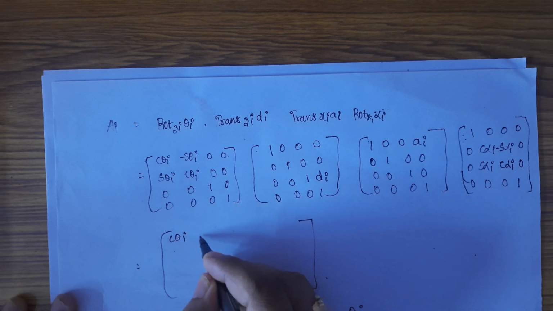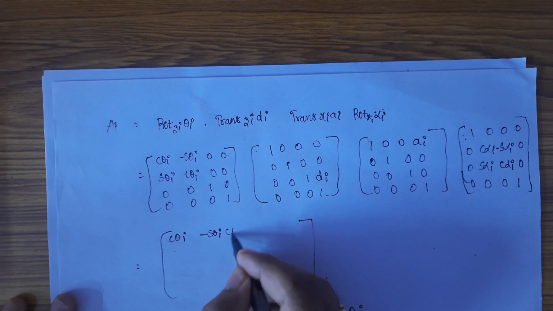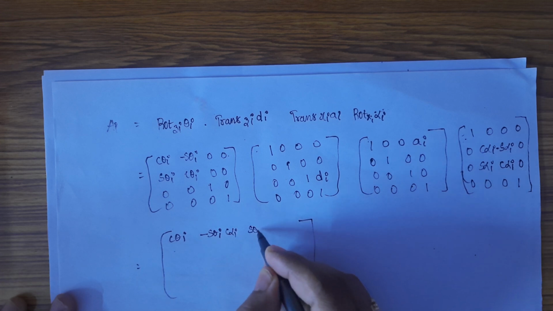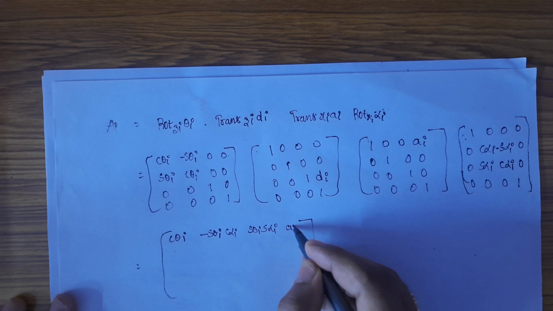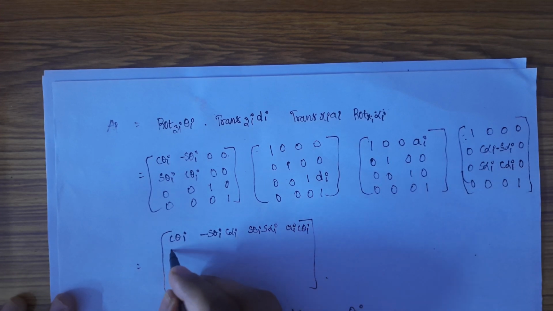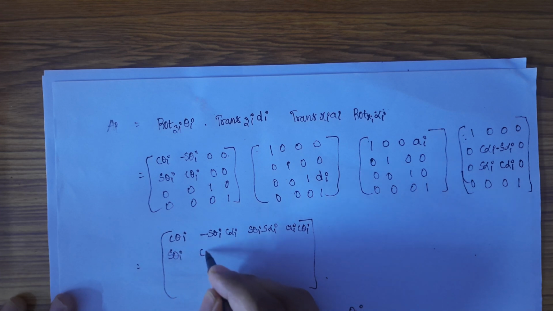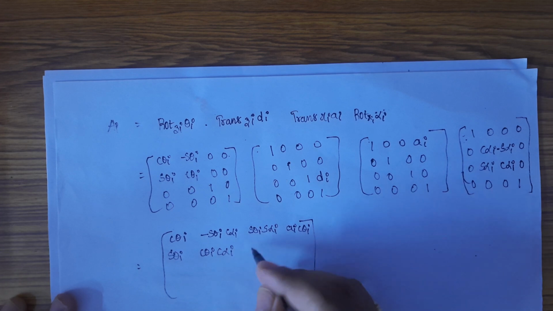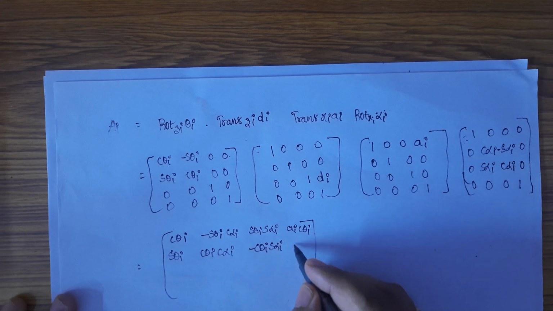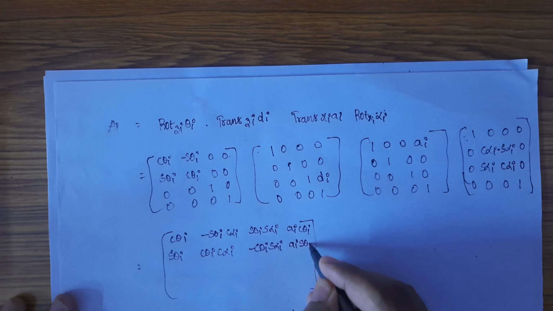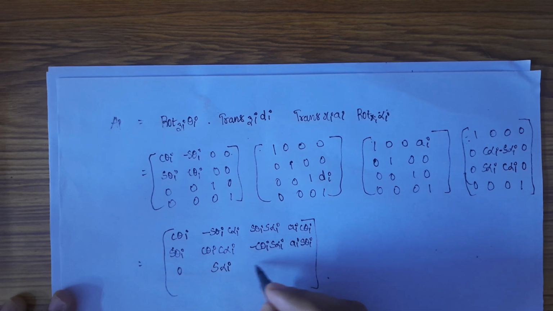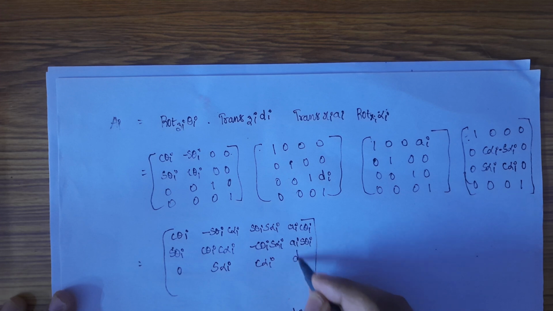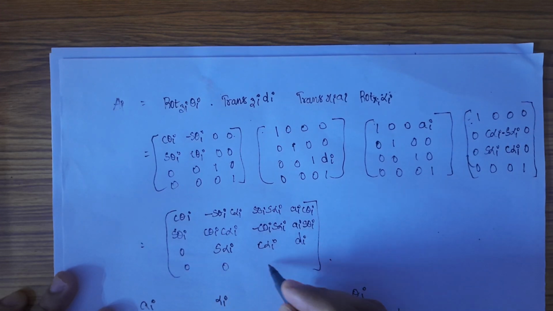cos theta i, minus sin theta i cos alpha i, sin theta i sin alpha i, ai cos theta i; sin theta i, cos theta i cos alpha i, minus cos theta i sin alpha i, ai sin theta i; 0, sin alpha i, cos alpha i, di; 0 0 0 1.